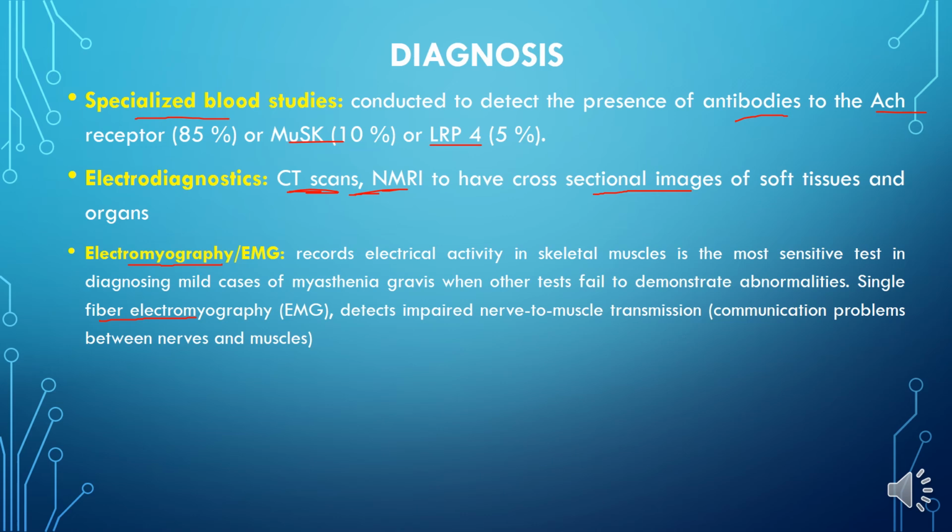This electromyography is a very sensitive test in diagnosing myasthenia gravis, where the neuromuscular transmission is checked, whether the transmission is hampered or going on smoothly. This is checked by electromyography, and it is one of the key exams for checking myasthenia gravis.